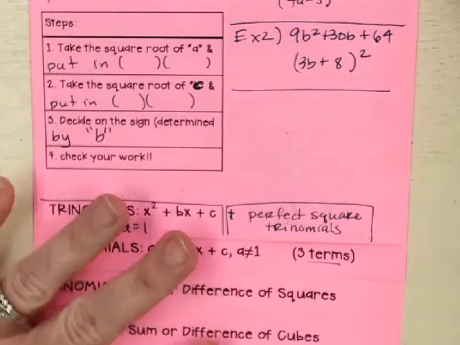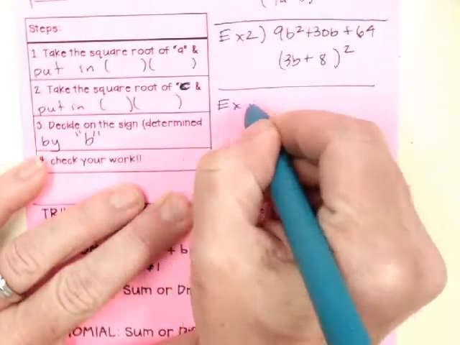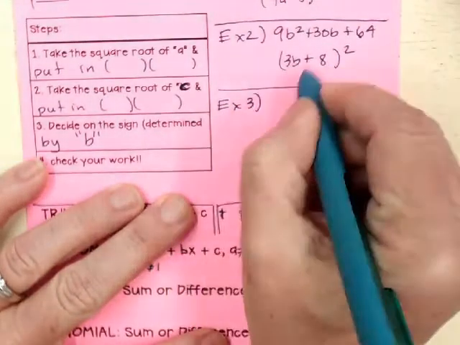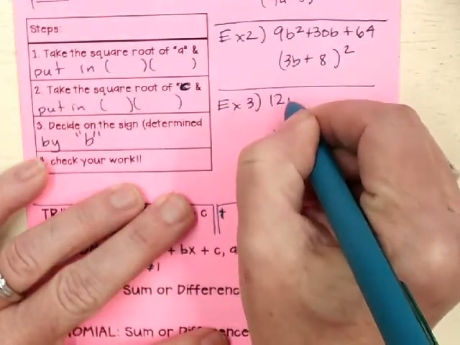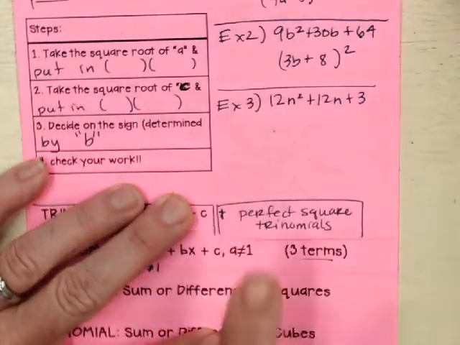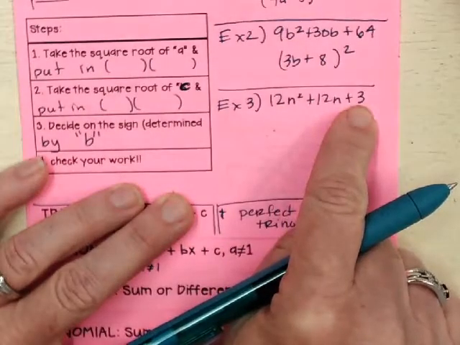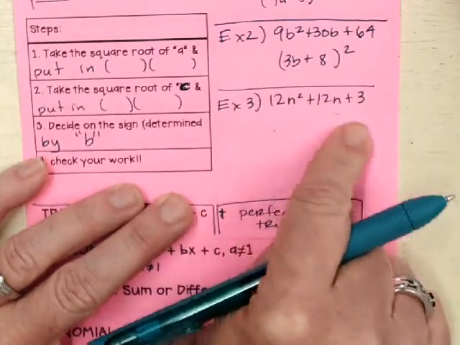Let's do another one. Perfect square? Nope. Perfect square? Nope. But I got it in this section, so what do you think we probably needed to check for?